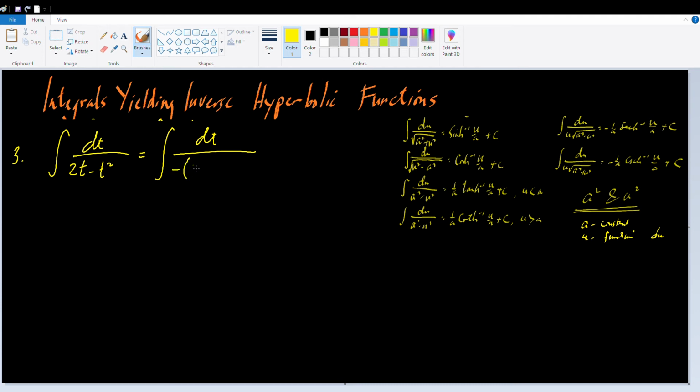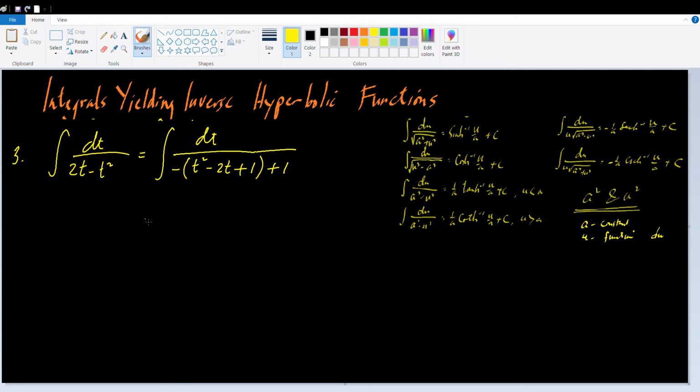So negative quantity t squared minus 2t. And then we complete this. 2a is -2. We divide -2 by 2, which is -1, and we square it. So -1 squared is 1. So we have just added +1 preceded by a negative sign. So the added term here is -1. And to counter that, we have to add 1.